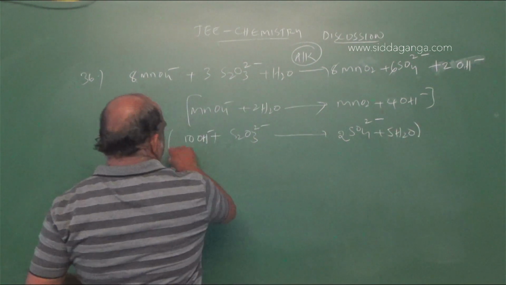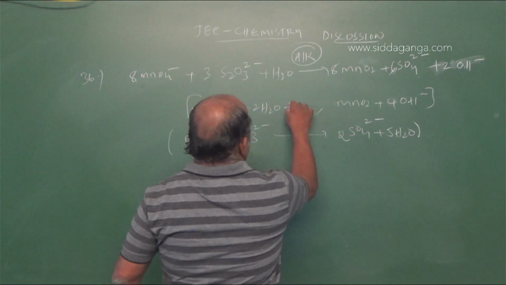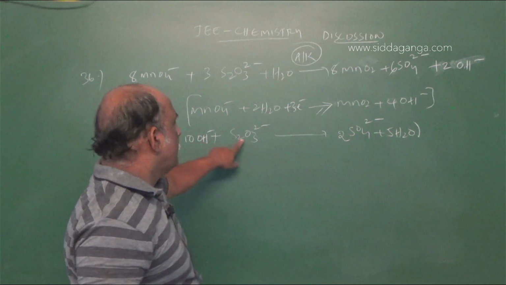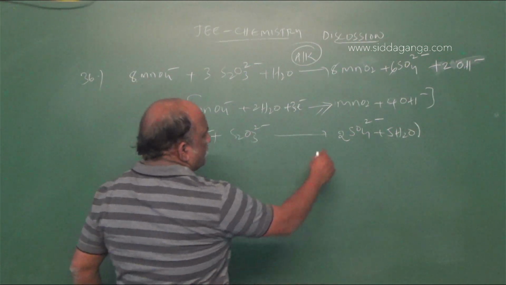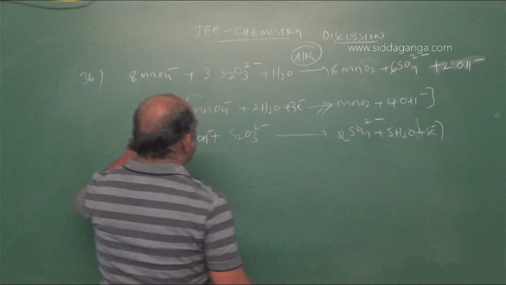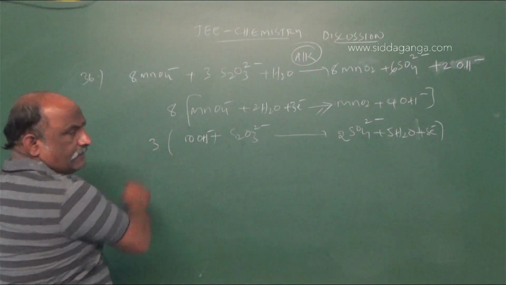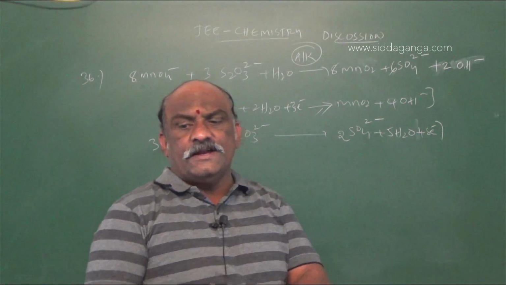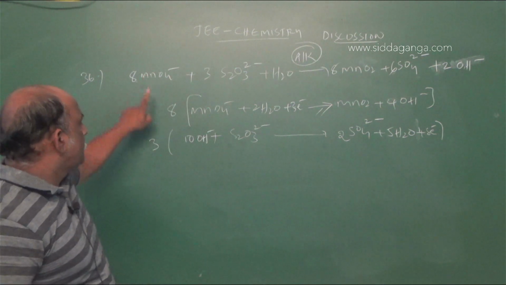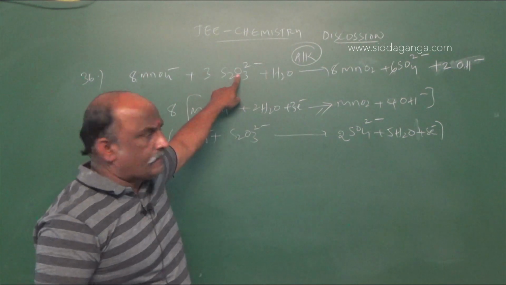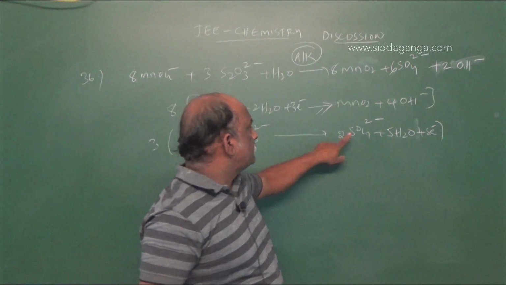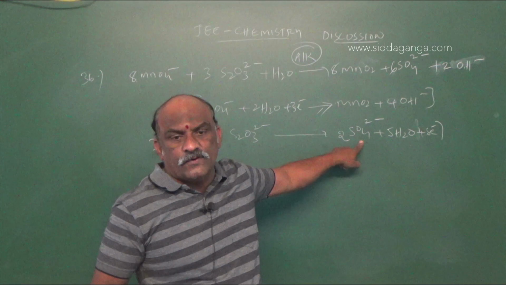Then here plus 8 electrons. So my dear students, multiply the first equation with 8 and the second equation with 3. 8MnO4 minus plus 3S2O3 2 minus gives 8MnO2 plus 6SO4 2 minus.